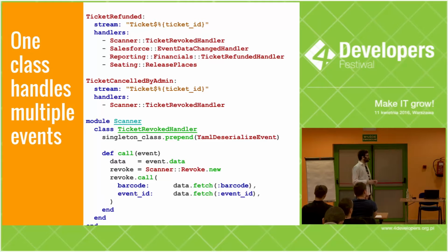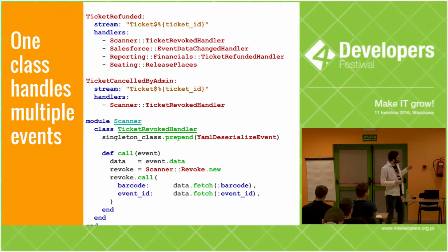For example, we have this scanner subsystem, which is responsible for letting you in or not to the event. So you come with your ticket, it's scanned, and either we let you in or not. And if your ticket was canceled by admin, for example, because you were misbehaving on the conference or something like that, or when it's simply refunded because you decided not to go or something went wrong, or one of your friends decided to pass out.